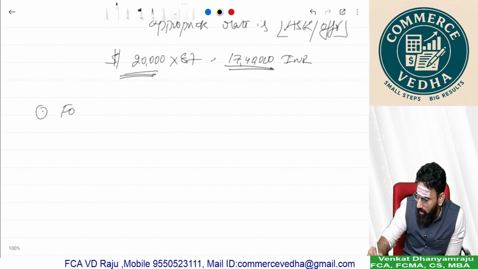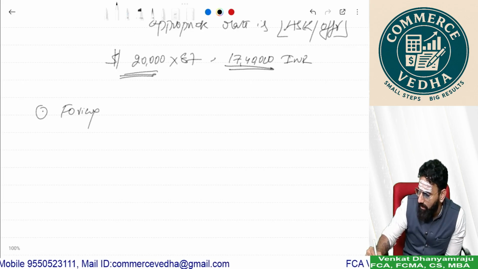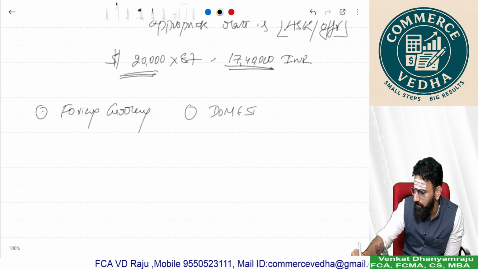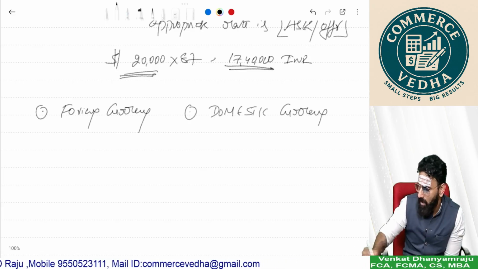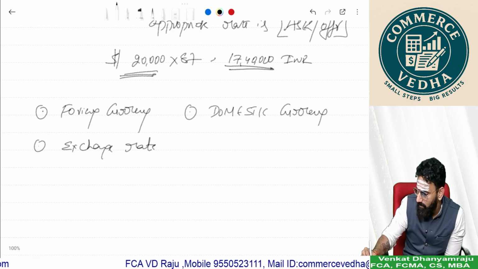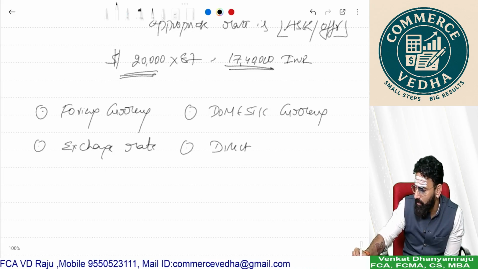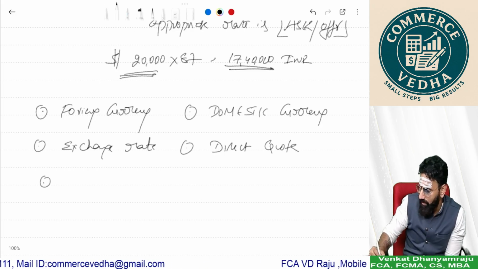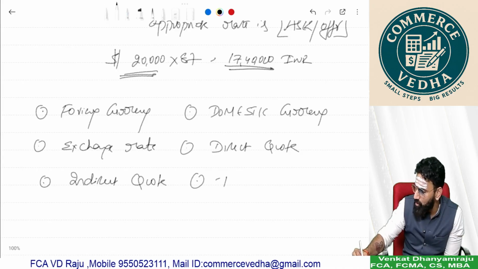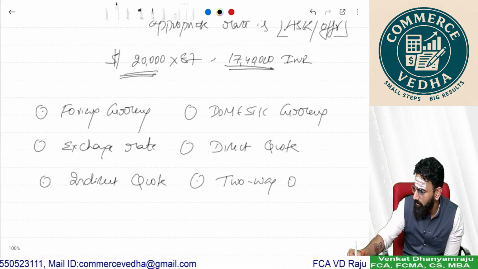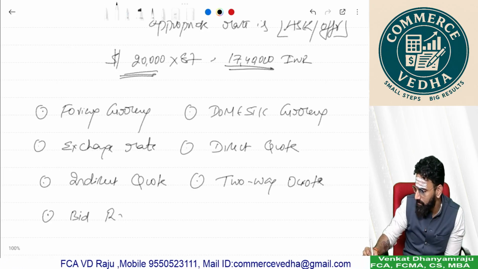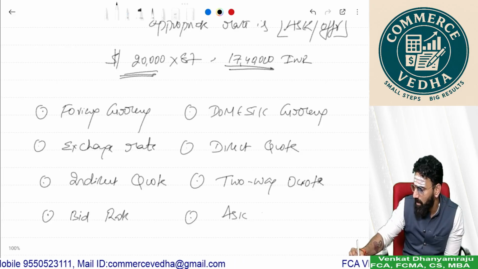What is foreign currency, what is domestic currency, what is exchange rate, what is direct quote, what is indirect quote, what is two-way quote, what is bid rate, and what is ask rate.